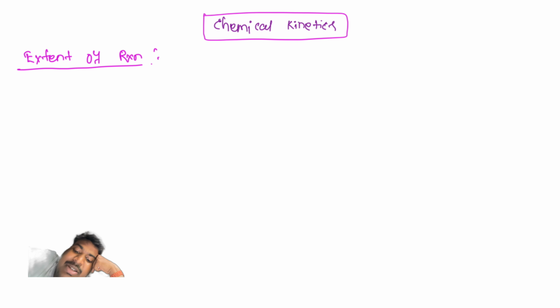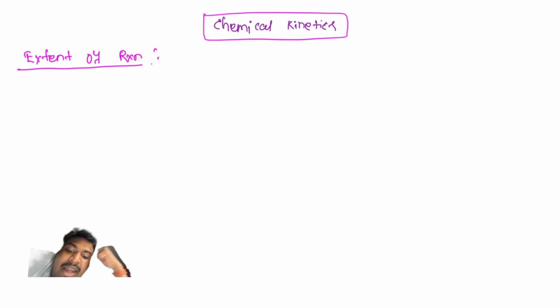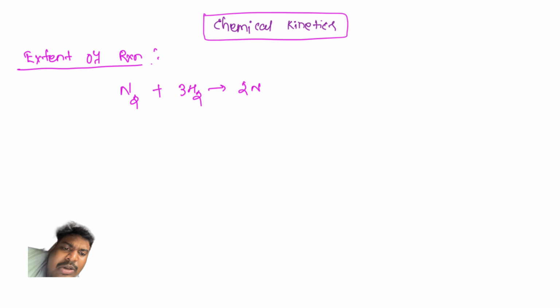In the previous case we discussed the rate, but the differential rate law actually came from the extent of reaction. Let's take one simple example: N2 plus 3H2 gives 2NH3. Initially some moles have been taken. I'll take a general reaction first, then explain this one also.